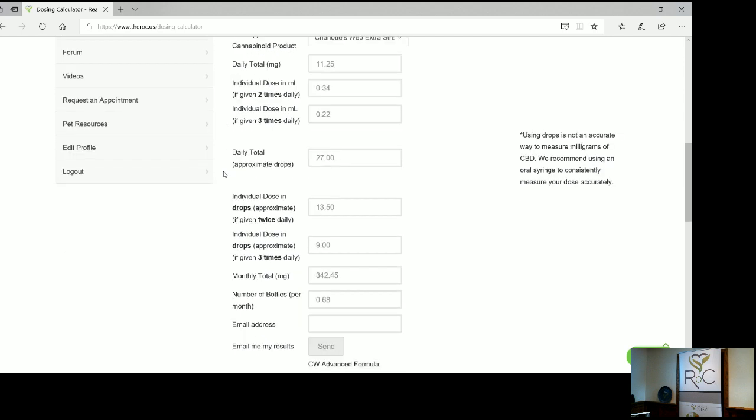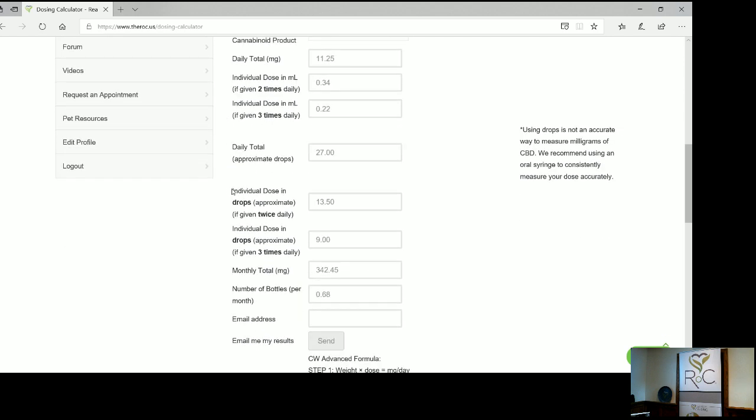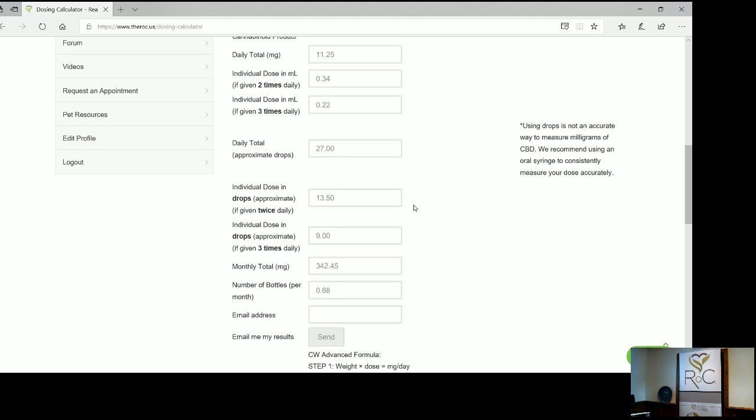Now, if you get numbers like 13.5, for example, you want to round up to the nearest whole number. So you can't dose 13.5, so you want to go to 14 drops twice a day. Or, you could do 9 drops twice a day. You can also email yourself the results as well. Oh, sorry. 9 drops 3 times a day. Pardon me.